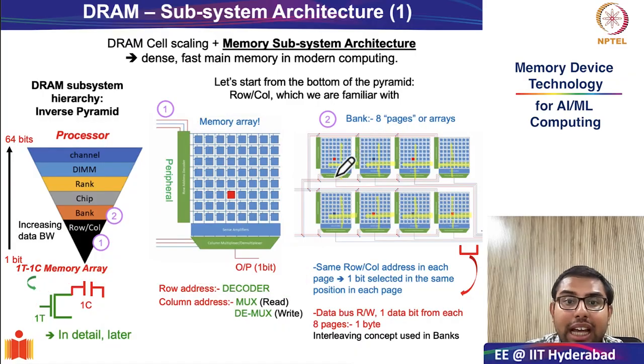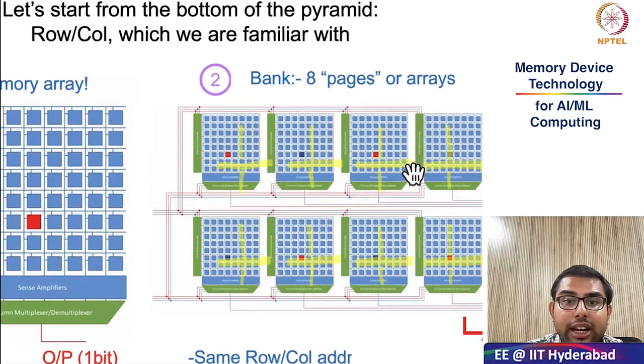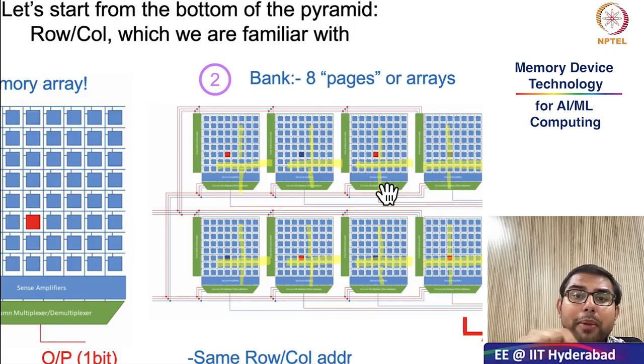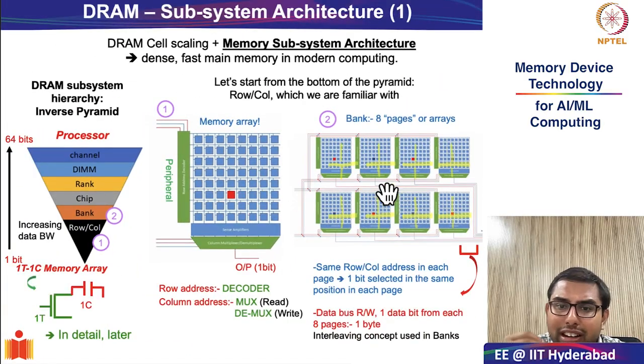As a result, as you can see in this diagram, if I zoom in, since each of these arrays are receiving the same row and column address, the same corresponding element which I have marked out in red and blue is selected in each of the arrays in one single bank. I hope that makes sense. It can be a little new, so let me just repeat.